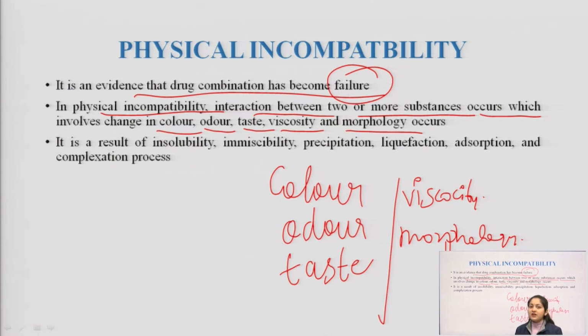Such types of incompatibilities are also classified as physical incompatibility. So, change in color, odor, taste, viscosity and morphology results because of improper physical mixing of 2 or more substances.